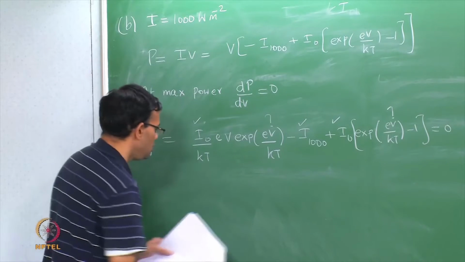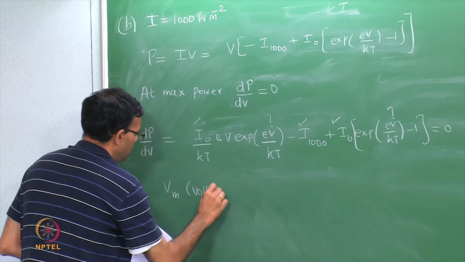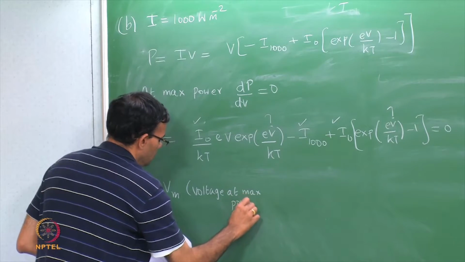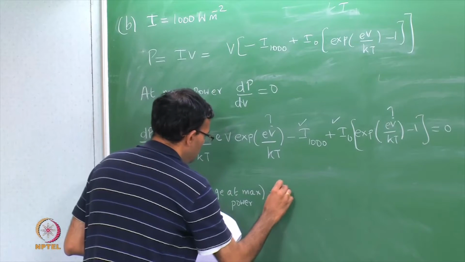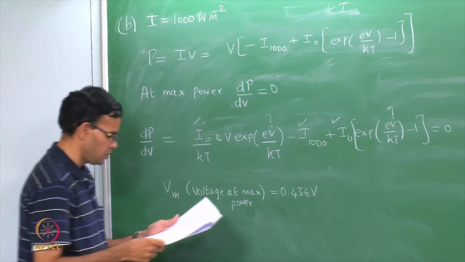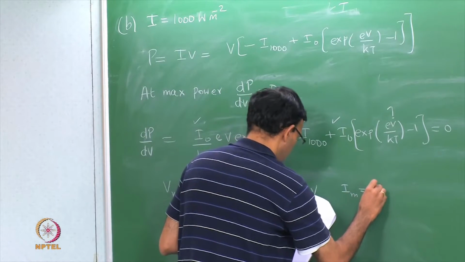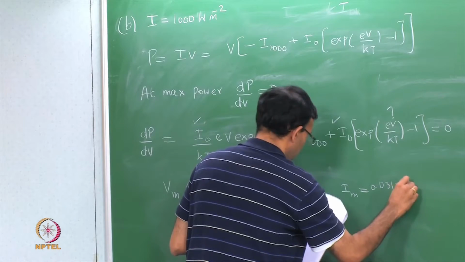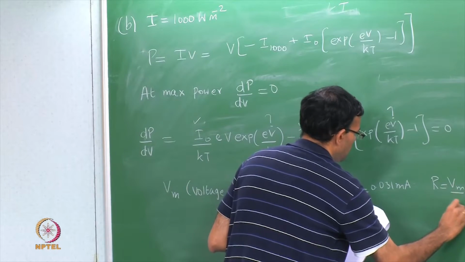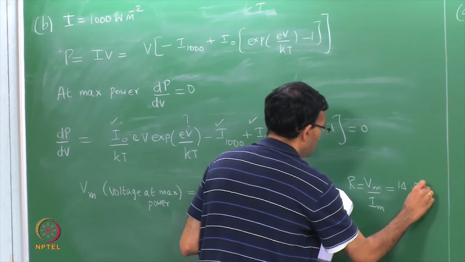So, if you solve this, this gives the voltage Vm, which is the voltage at maximum power, and this is equal to 0.436 volts. The corresponding current Im is 0.031 milliamps, and the resistor R is Vm over Im, which is 14.07.